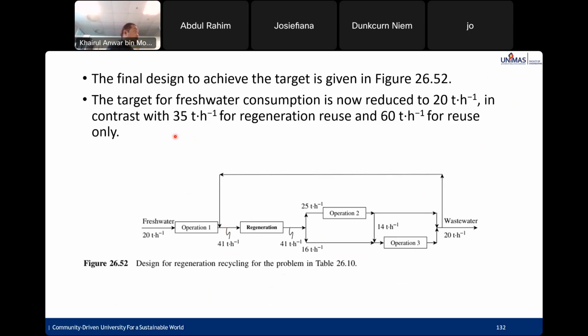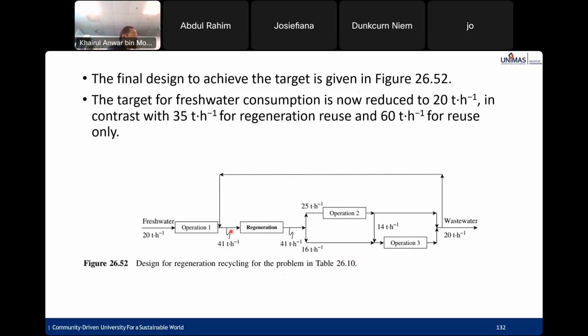The final design to achieve the target, this is for regeneration recycling. In this case, only 20 fresh water. Regeneration reuse requires 35, but for regeneration recycling only 20 ton per hour is required.